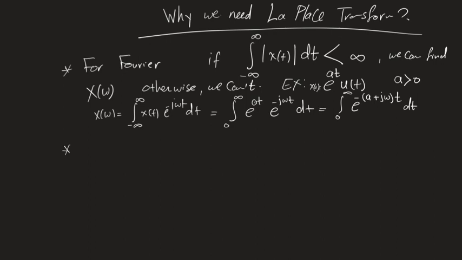Without the minus, and inside you have the minus. Okay? E to the a minus j omega, and the whole thing is multiplied by t.